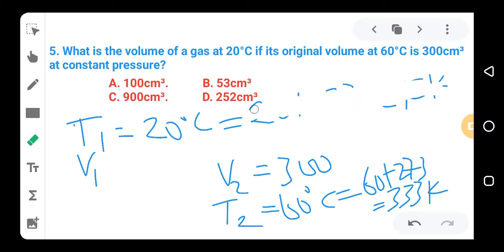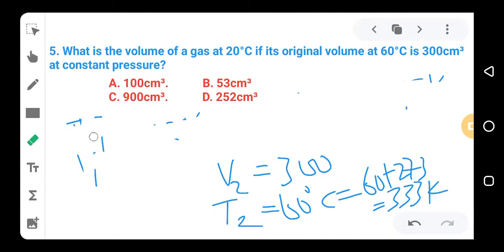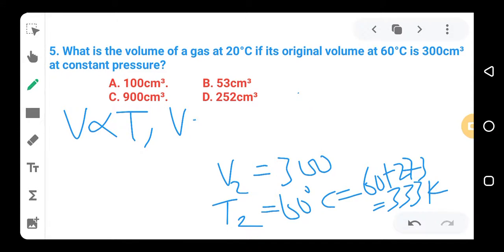Charles' law states that the volume varies directly as temperature at constant pressure. We have V varies directly as T, so V is equal to KT. If we want to remove the sign of proportionality, we introduce K and put an equality sign.